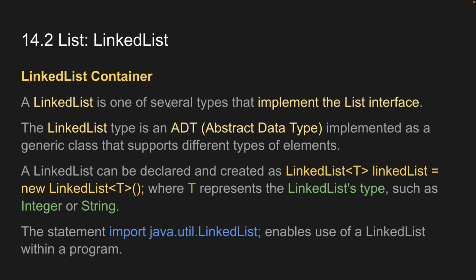Anytime you see the term ADT here, this is abstract data type for the linked list. And the way you declare a linked list is pretty much just like what you see here. LinkedList, the type inside of the angle brackets, equals new LinkedList. And T represents the type, so Integer, String, any object you want to apply to this. And of course, you import it using java.util.LinkedList. Okay?